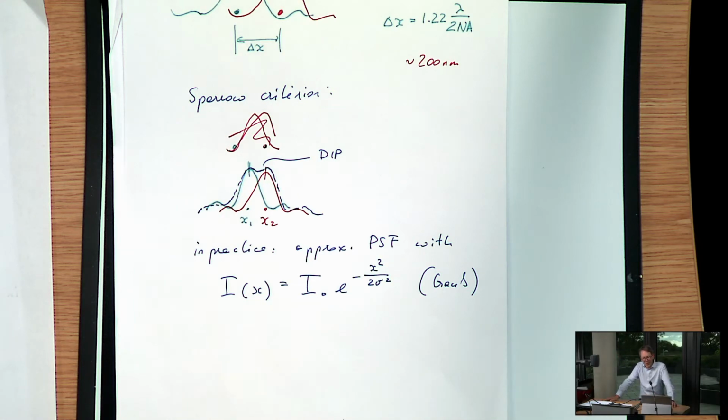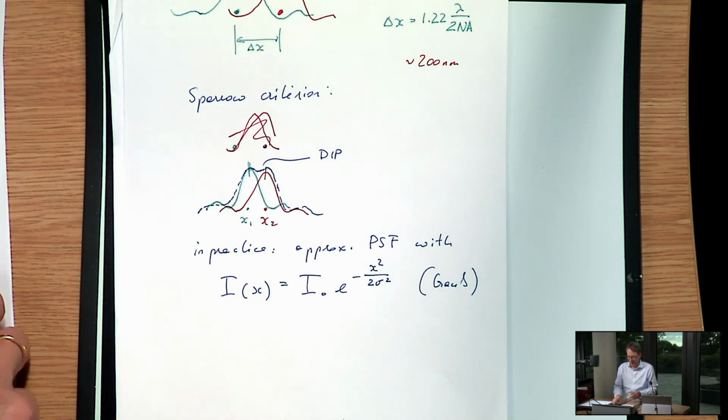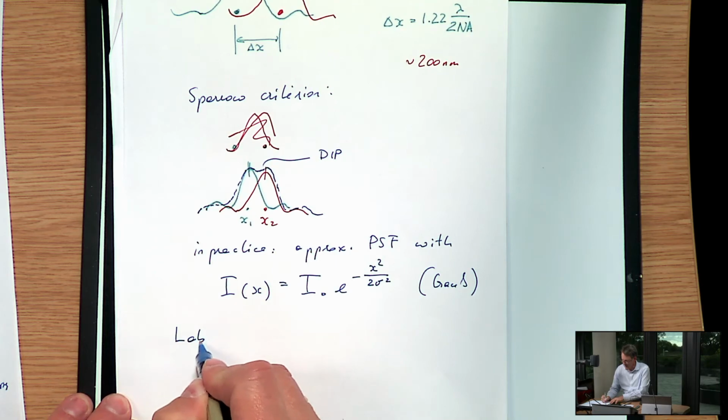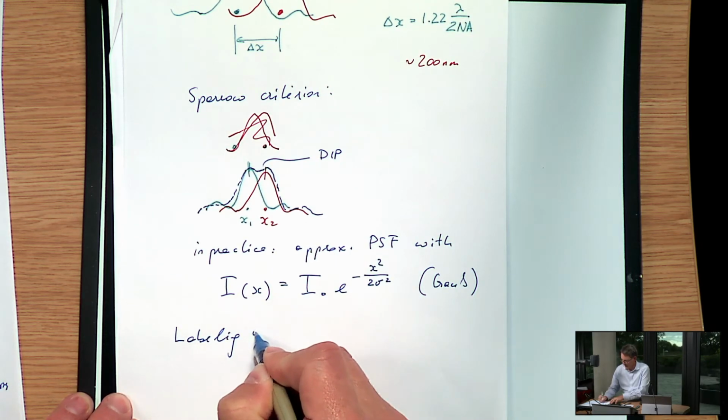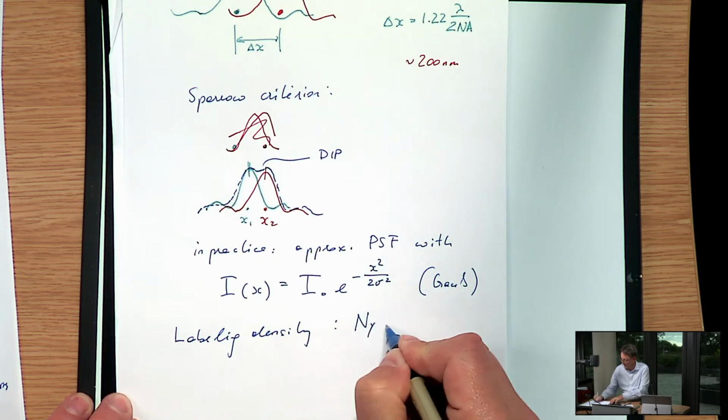For single molecule localization microscopy, there is another very important consideration, and that is the Nyquist theorem. So labeling density and Nyquist.